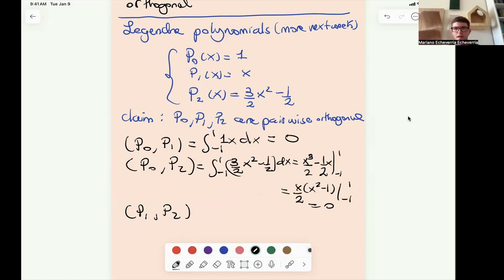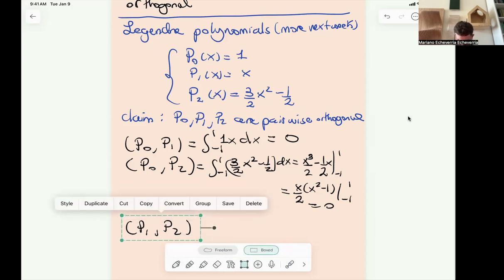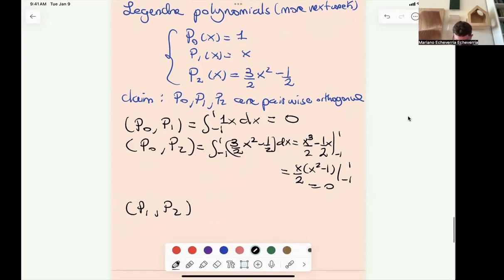Okay. And P1 with P2, right? What would that be? You multiply x by this other function. So you get the integral of 3/2 x cubed minus 1/2 of x dx, right?